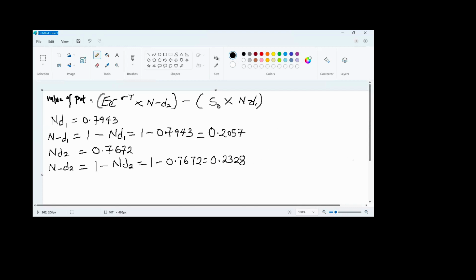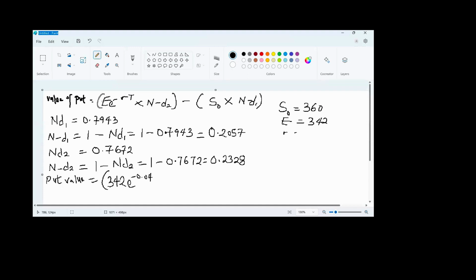You can value your put option now. Remember that our XO is equal to 360. Our capital letter E is equal to 342. I can now say put value is equal to, look at the formula, open a bracket, capital letter E, 342 exponential minus small letter r, risk-free, 0.04.